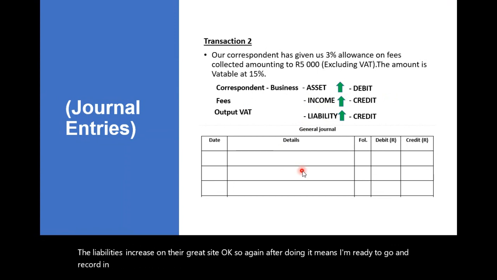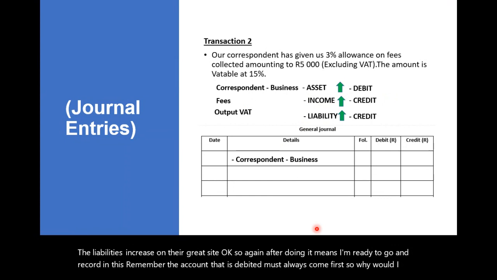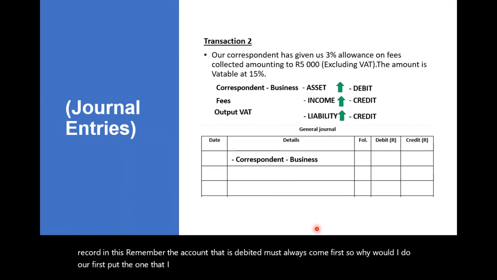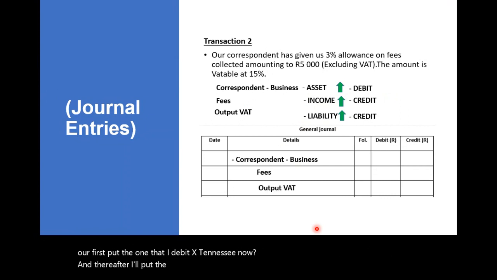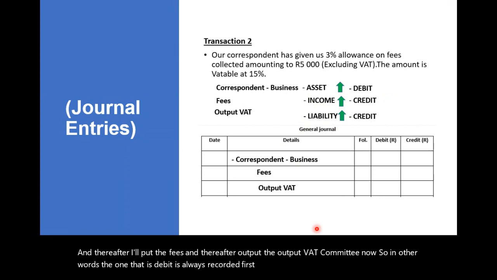Remember, the account that is debited must always come first. So what will I do? I'll first put the one that I debited. Can you see now? And thereafter, I'll put the fees, and thereafter, I'll put the output VAT. Can you see now? So in other words, the one that is debited is always recorded first, and thereafter, the ones that are credited will always come thereafter.